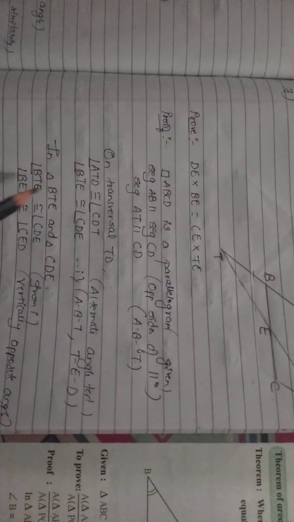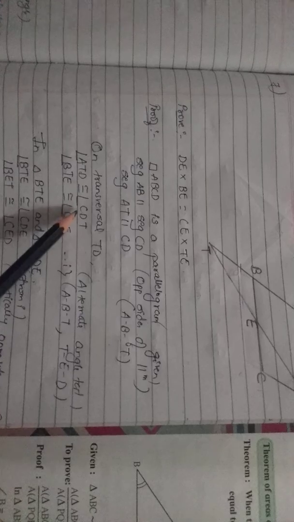So angle ATD is congruent to angle CDT, alternate angles, Z. So in place of ATD I can write BTE, and in place of CDT I can write CDE. Angle BTE equals angle CDE, call this 1.